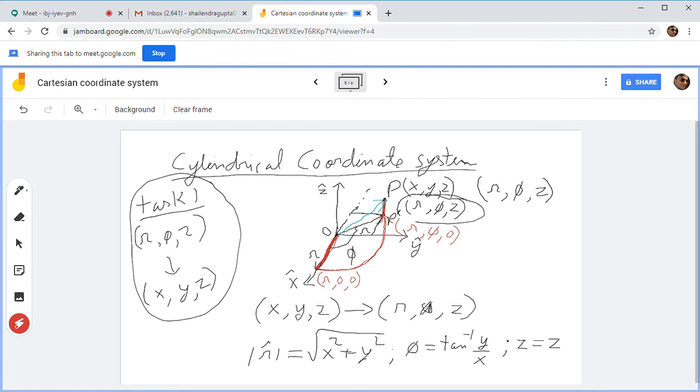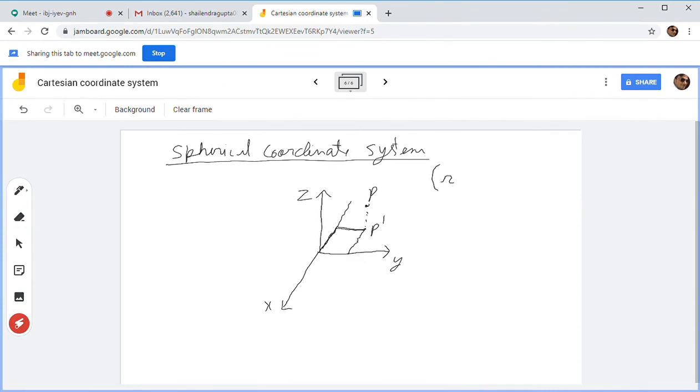Now in the spherical coordinate system, the r is directly joined from the origin to your point P. This is your origin and this is your P. So this is your first dimension r.